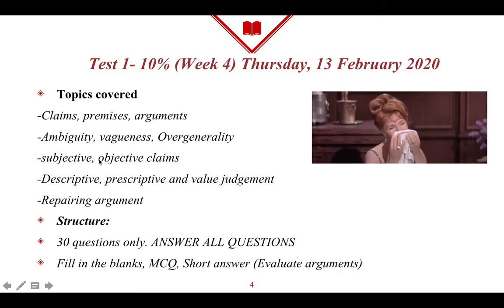You should also be able to see if the claim is subjective or objective. This is basically something that you've learned before, yeah? And in today's online class, I'll be talking about descriptive and prescriptive claims, as well as a bit of value judgment. So what we can see here, we basically have covered almost all of the things that will be tested in your test 1.